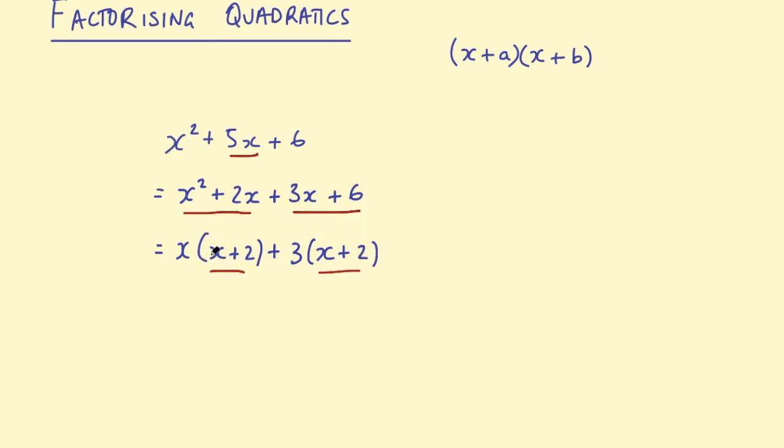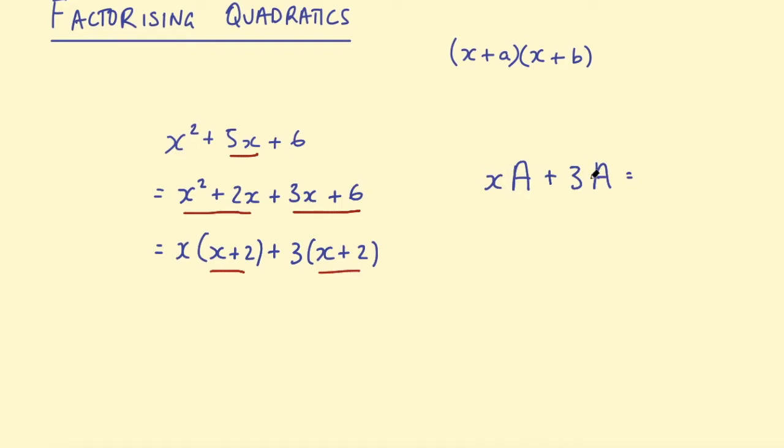Well, let's substitute something in for those brackets. Instead of writing x plus 2 in brackets, we'll say that those brackets are represented by a letter, let's say capital A. So here we've got x capital A plus 3 capital A. How would I factorize this?